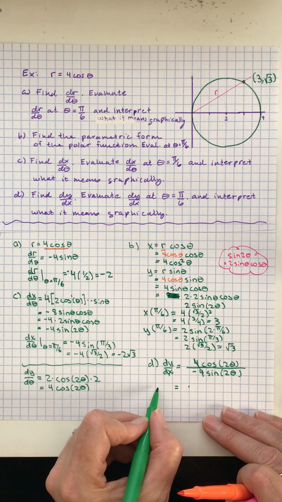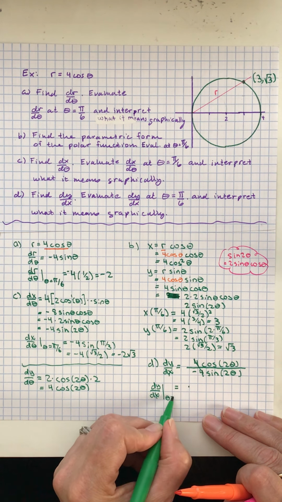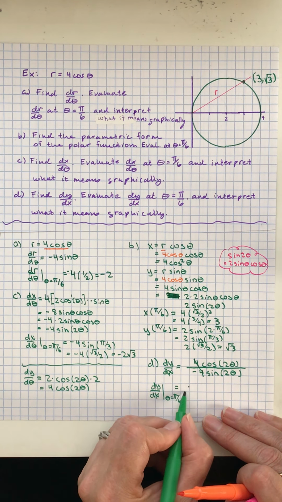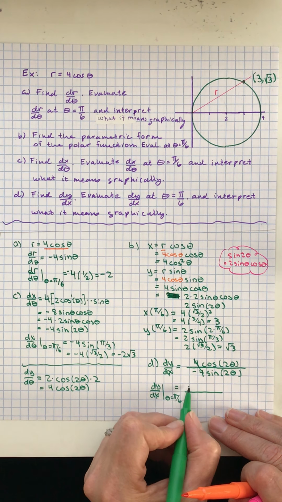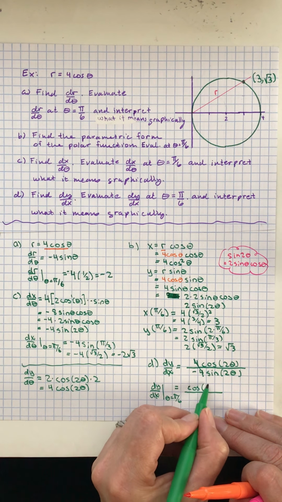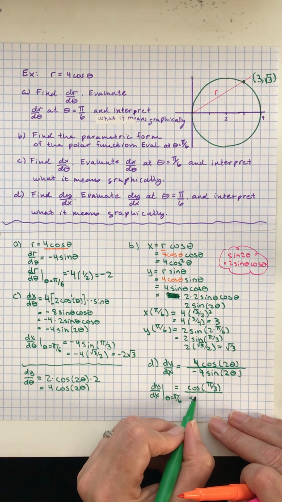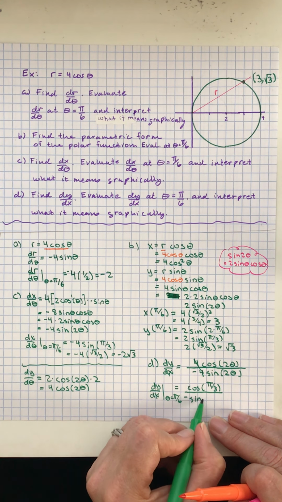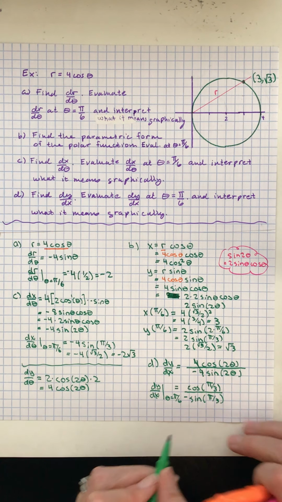I'm going to cross out the 4's here, and since I'm running low on space, let's go ahead and do dy/dx at theta equals pi over 6. Cosine 2 theta at pi over 6 would be the cosine of pi over 3. And this would be the sine of pi over 3 with a negative out there.